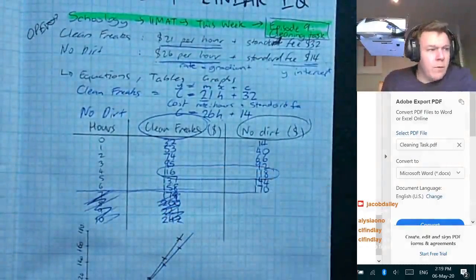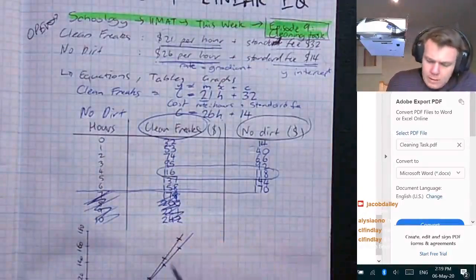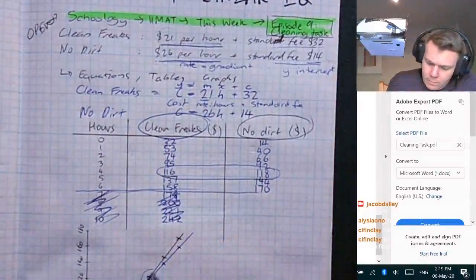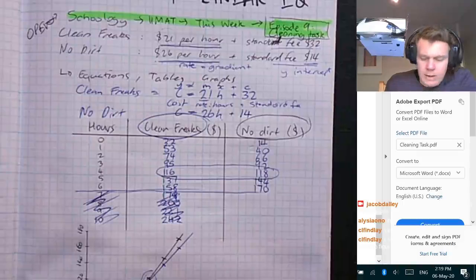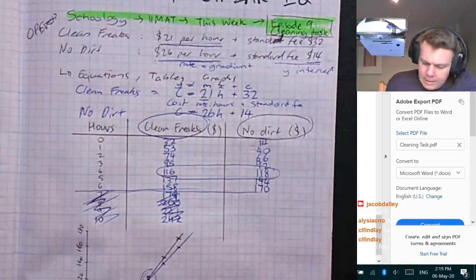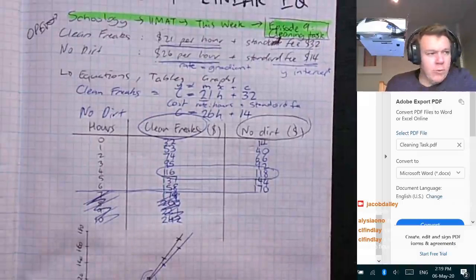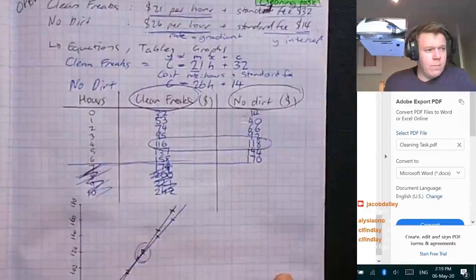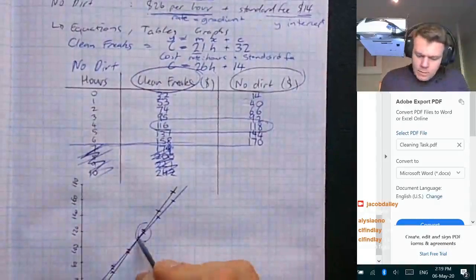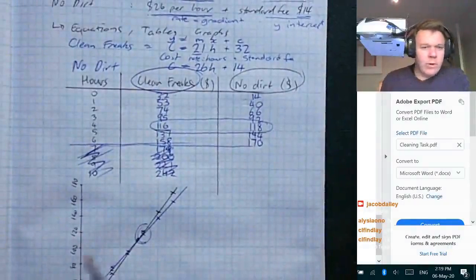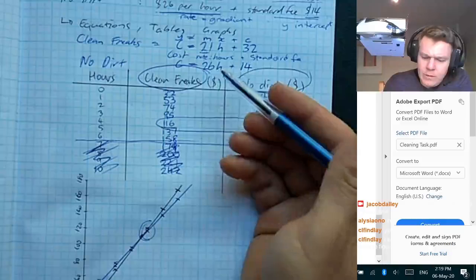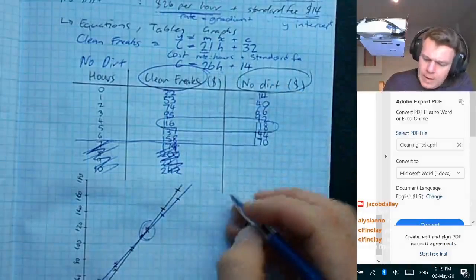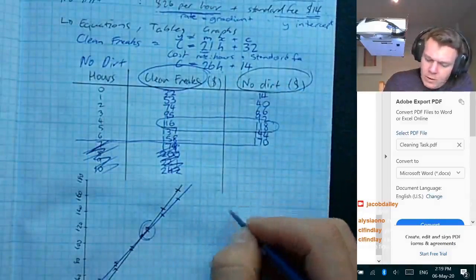At this point on the graph is where they're the closest, but it's not exact. So you might wonder, how do you actually work out the actual point? Well, you need to use simultaneous equations, and the easiest way to do that is to set the costs equal to each other.